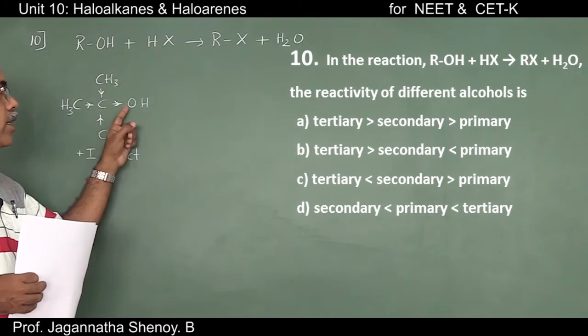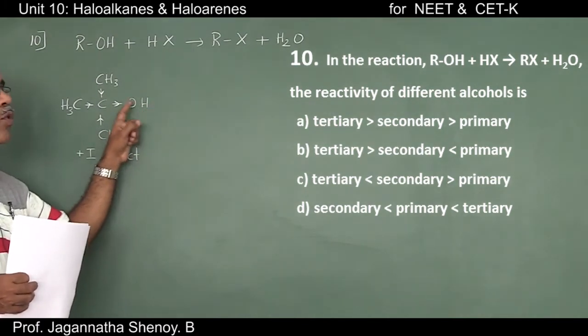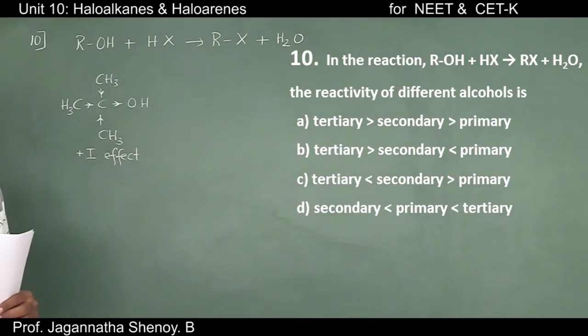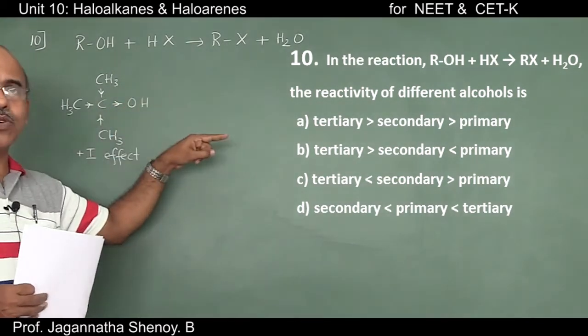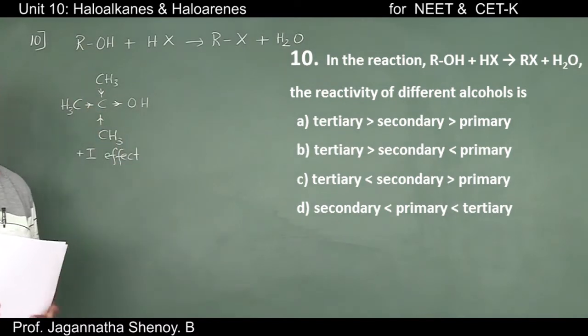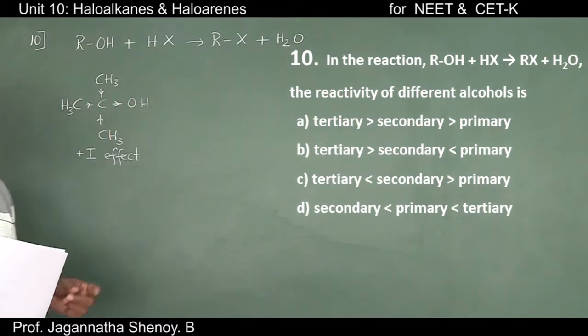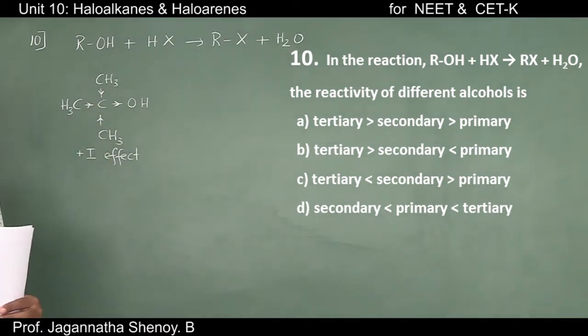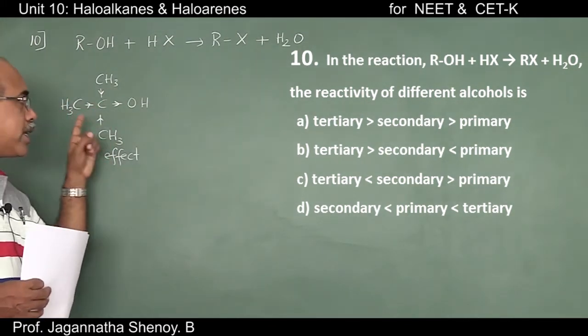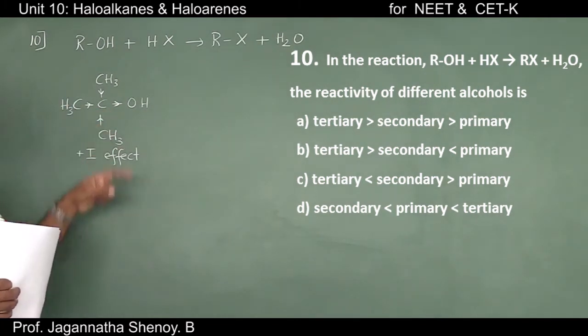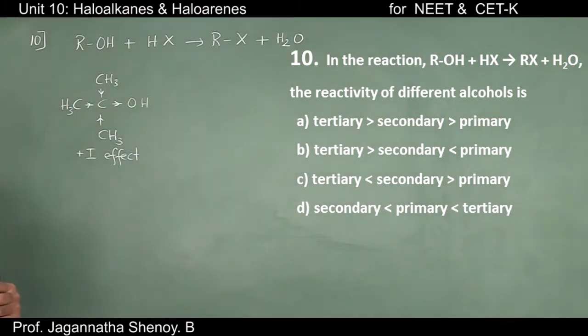Or in other words, this OH group can go out easily in the form of OH minus. Because if OH has to go, it has to go in the form of OH minus. In other words, OH must be able to accept higher electron density from carbon. So that is possible in the case of tertiary alcohol because of the presence of 3 methyl groups exerting plus I effect.